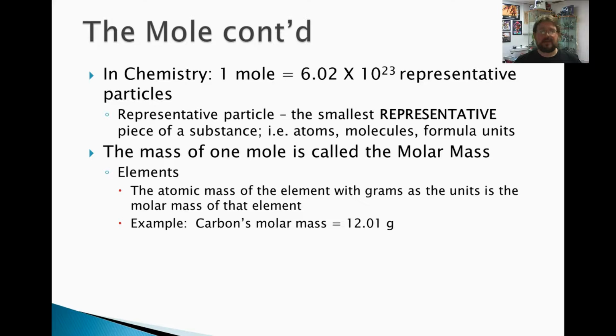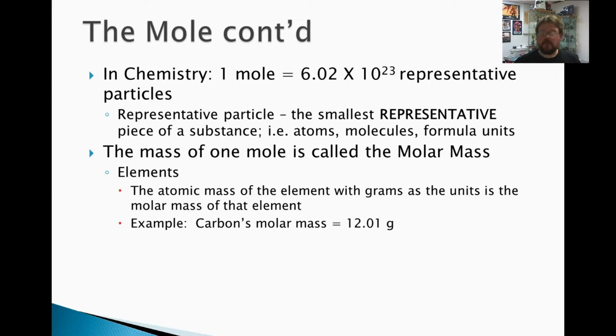That would be the mass of 1 mole of carbon. How did I get that number? You need to look at your periodic table. Go to where carbon is and look at the atomic mass. It says 12.01. Put grams at the end. That is the mass of 1 mole, meaning if you had 1 mole of carbon, it would have a mass of 12.01 grams.